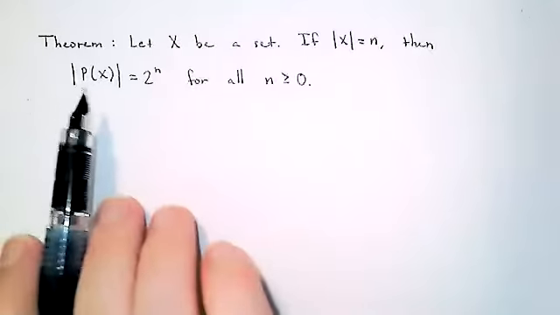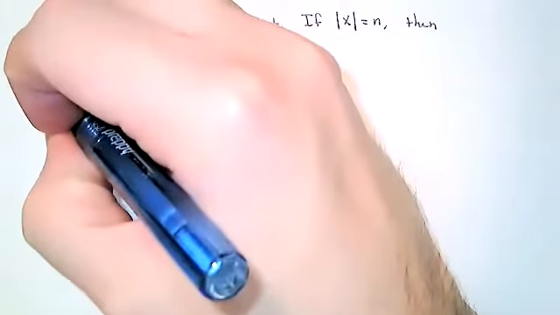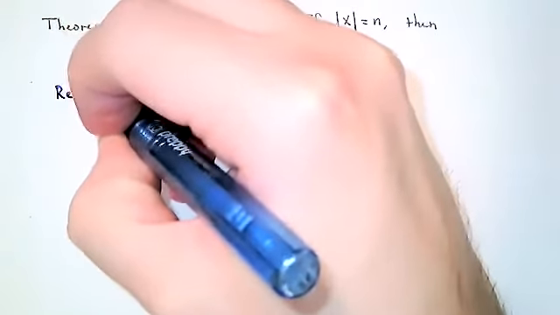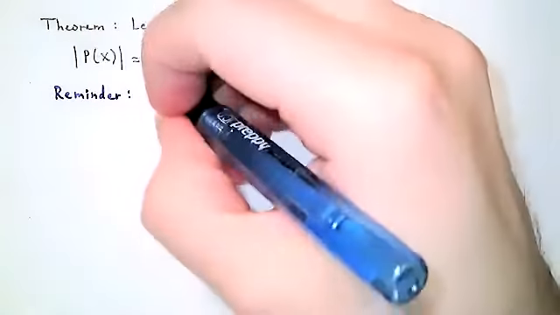And I should also remind you what the power set is, since it's been a while since we had to use that idea, at least in the lecture. I think you might have had a homework problem or two that include this idea.